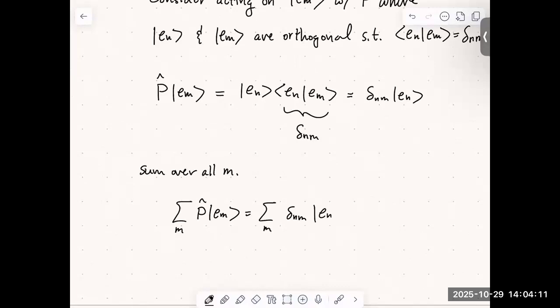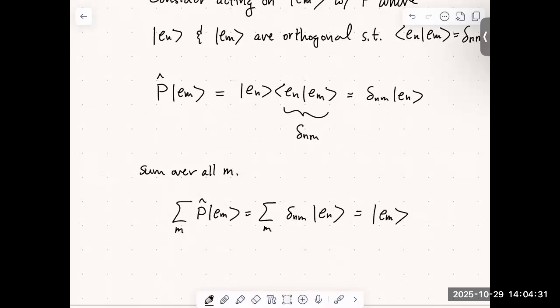And our good friend, the Kronecker delta, is a killer of sums. It's going to make non-zero only the term where N and M are equal to each other. And so this is EM.